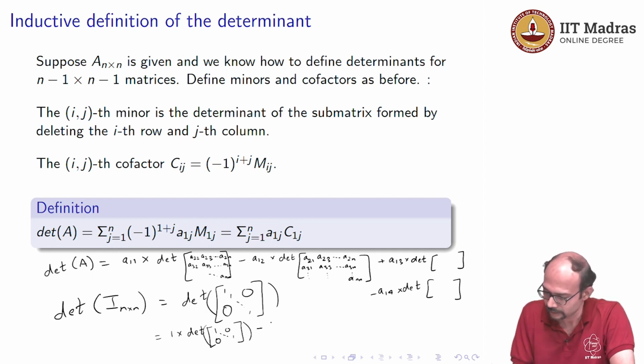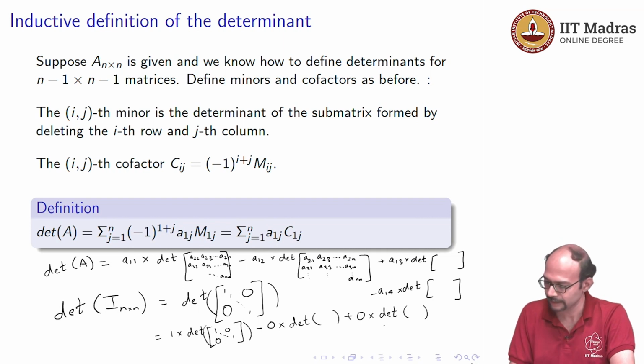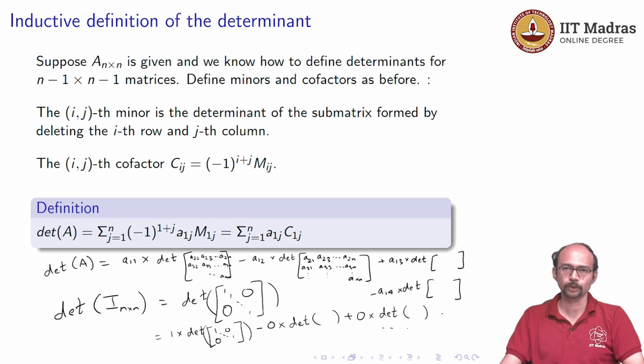and then minus 0 times the 1/2th minor, but I don't really care about computing it, because it's 0 times something, it's going to be 0 anyway, plus 0 times the 1/3th minor, and so on. So all these terms are going to be 0, because in the rest of the first row all the terms you have are 0.